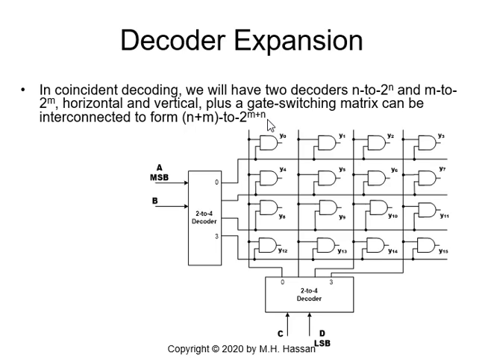So, in this example, we need to generate a 4 to 16 decoder. So the 4 to 16 decoder will have inputs A, B and C, D. We'll take AB to the horizontal decoder, and CD we take to the vertical decoder, which generate all the lines.